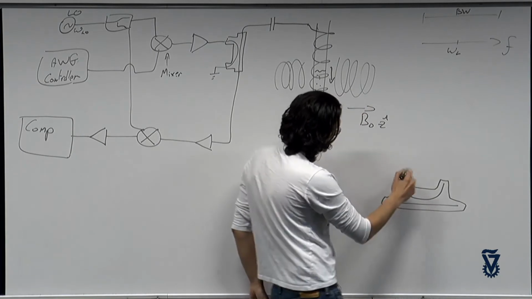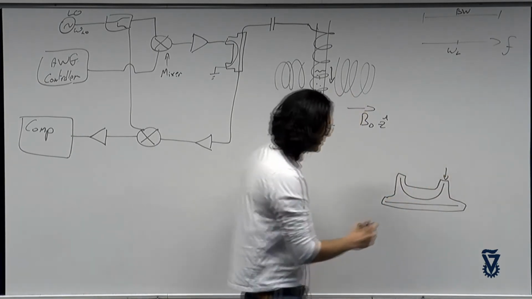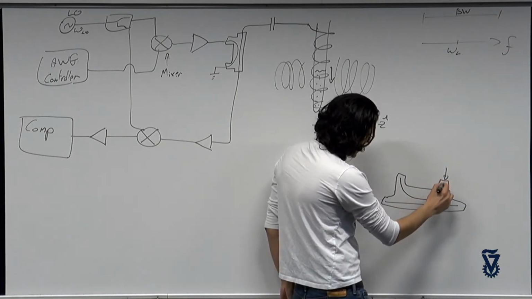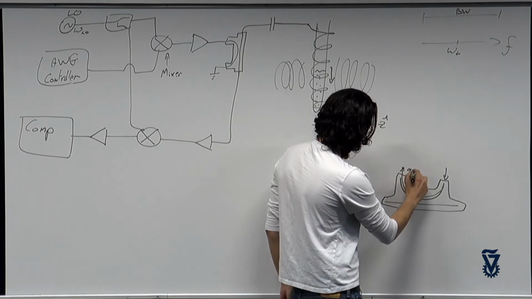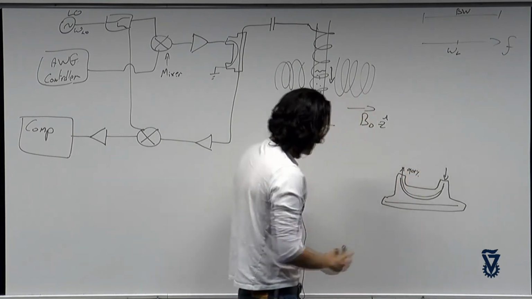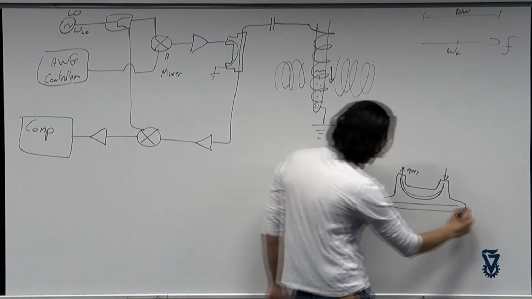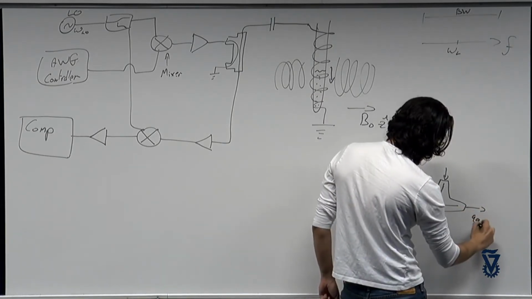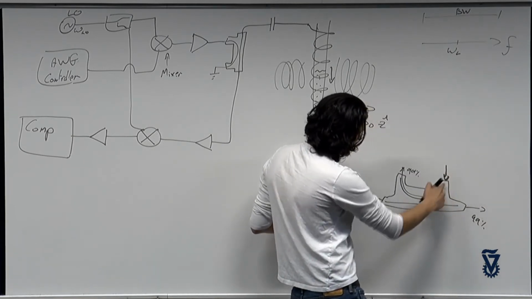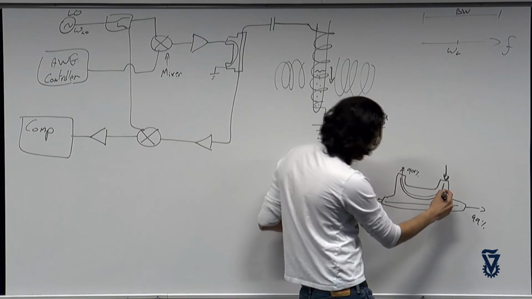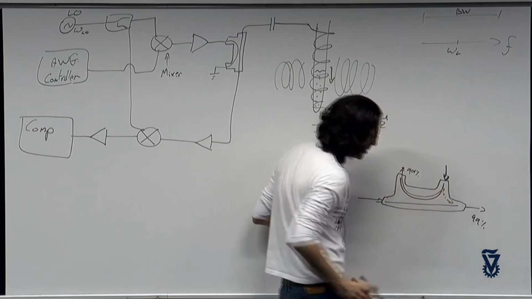A signal that's coming from this port over here will mostly, 99% of it, come out of here. And a signal coming in from this port will come out of here 99%. But the signal that's coming in from here, 99% will go to this port, but 1% will go to this port.